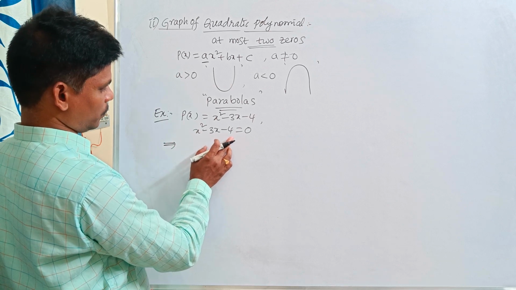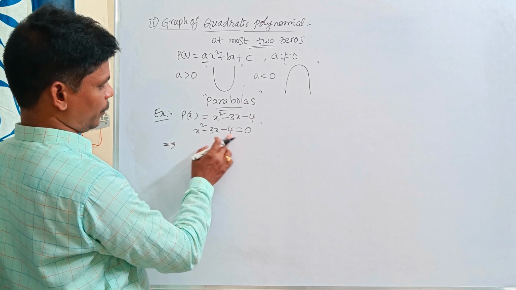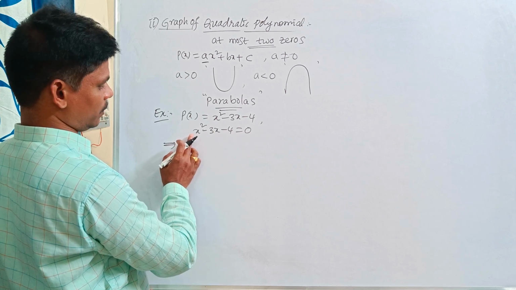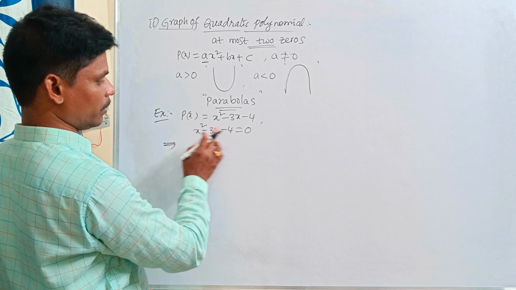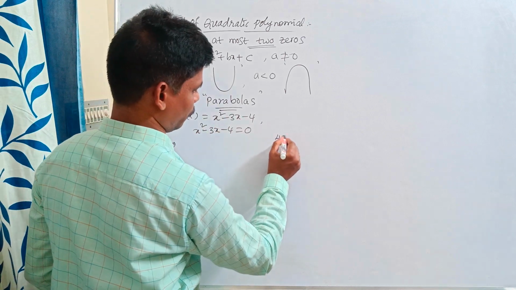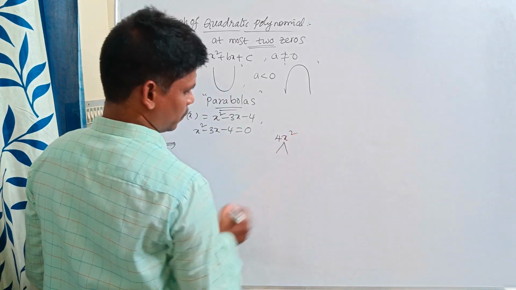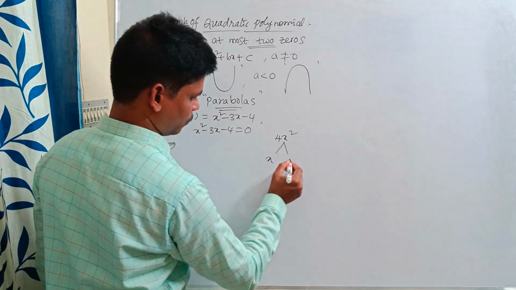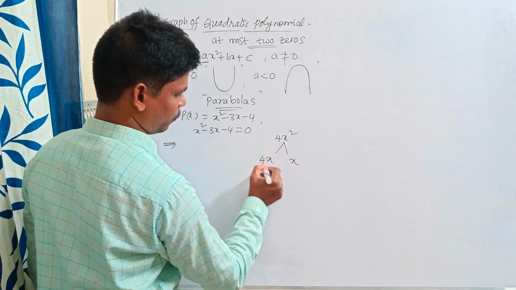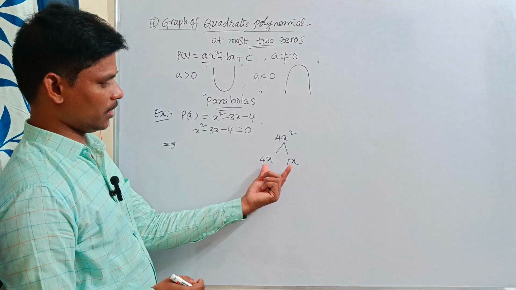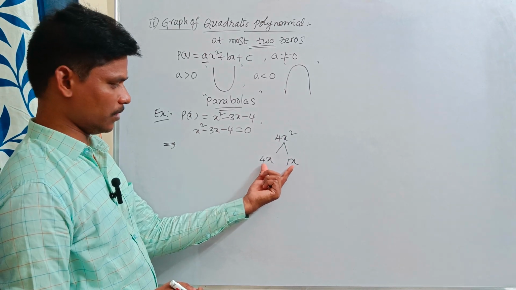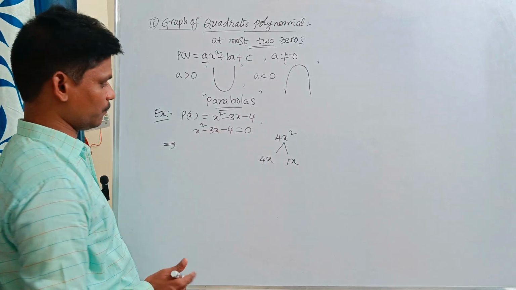Multiply the x square coefficient and the constant to get 4x square. Take the factors of this, x into 4x, whose addition or subtraction gives the middle term minus 3x.